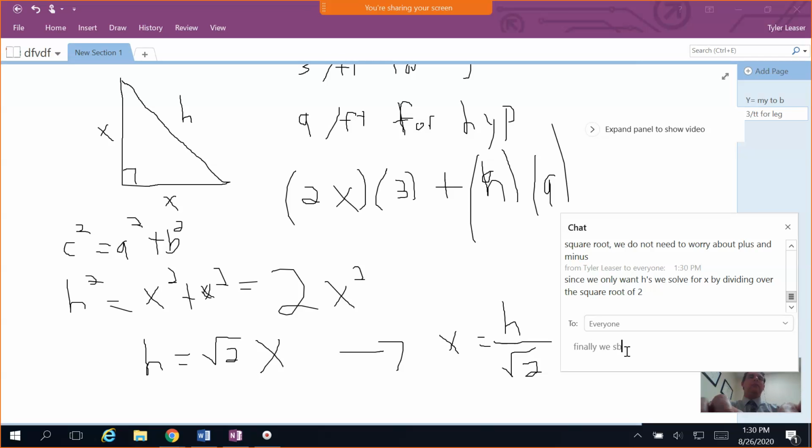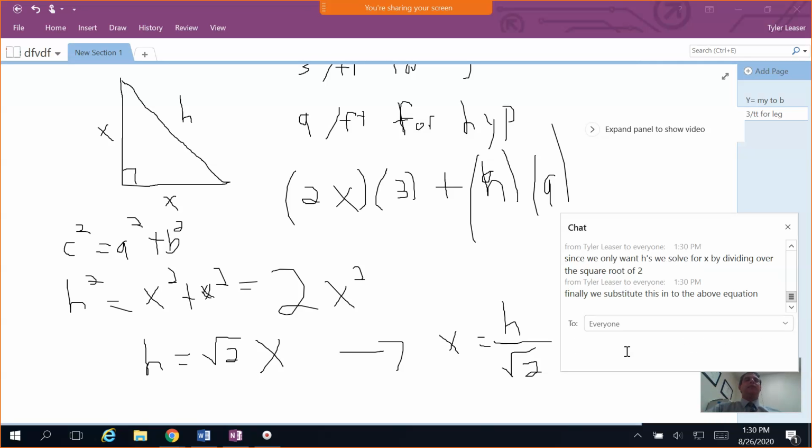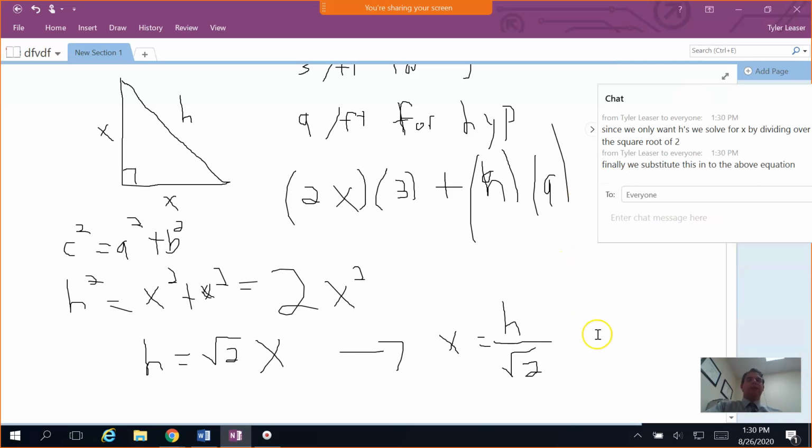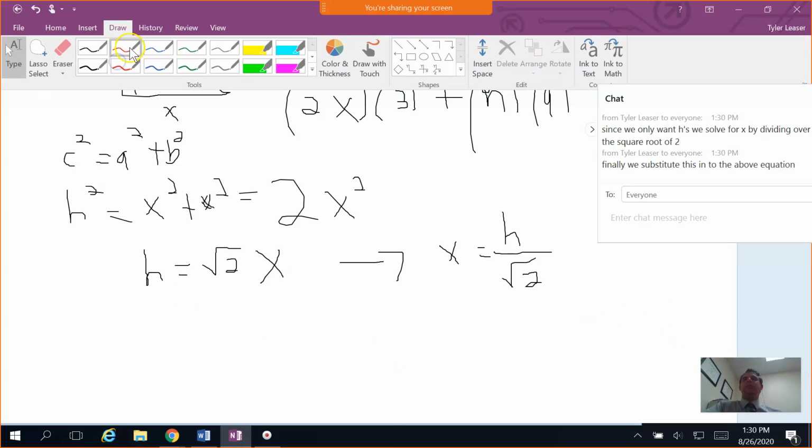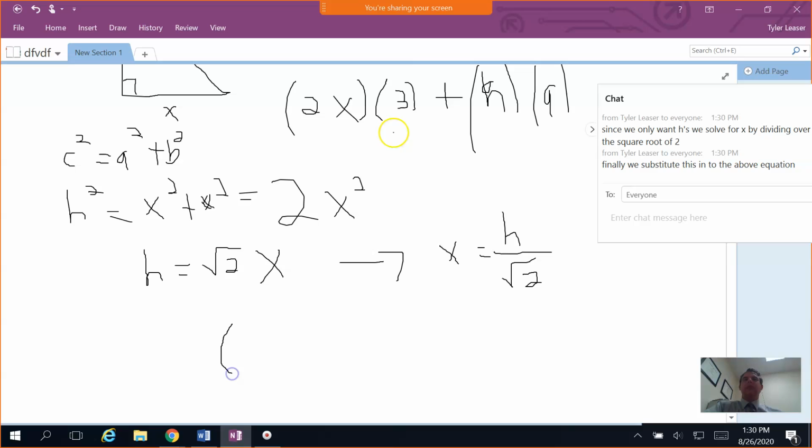Finally, we substitute this into the above equation. Let's see if I can scroll down here. So this x here, I'm going to replace with h over root 2. And what we end up with is 2, and I'll go ahead and multiply the 2 and the 3 together, so 6 times h over root 2. That plus, over here it's just 9h.